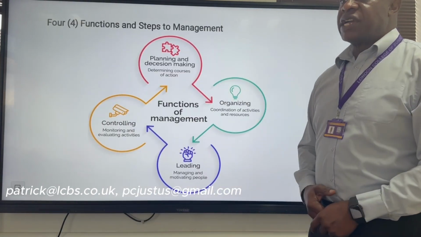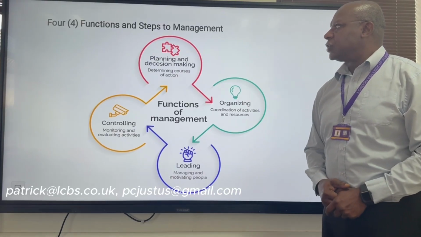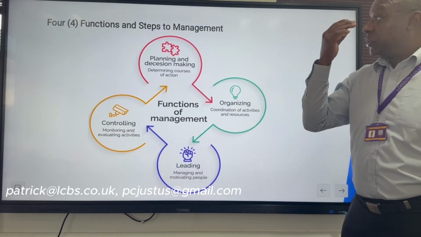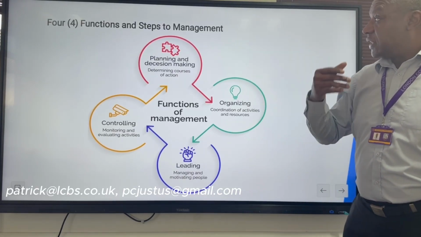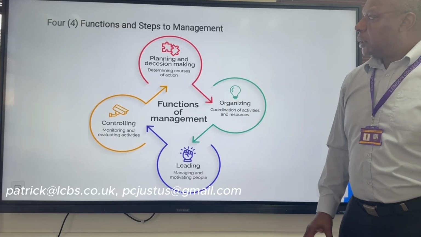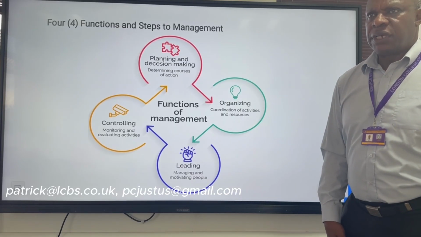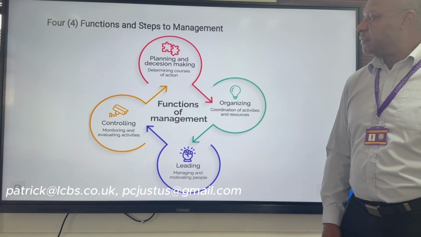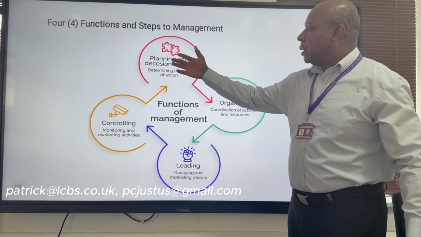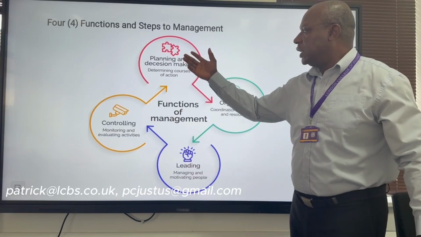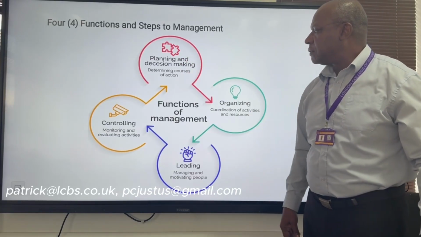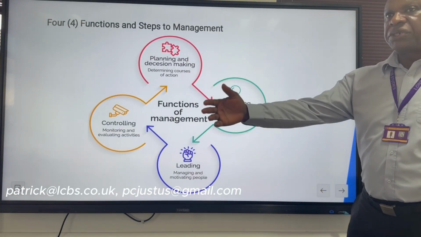Here we use this pictorial representation of the four functions and steps of management. It kind of comprises Fayol's postulation or perspective. So at some point, a manager or a leader will plan, making decisions to determine the course of action.